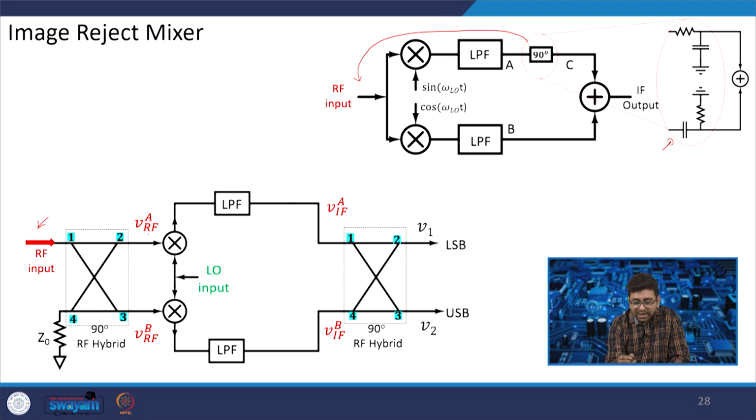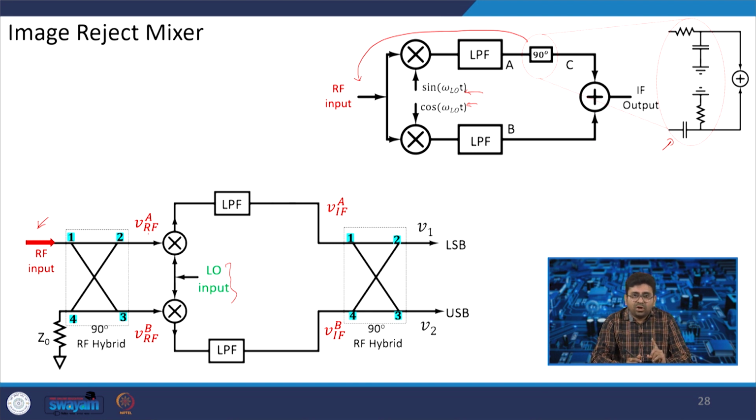So, what is the advantage in this? Here you were using sin omega LO and cos omega LO, that is, you were generating a quadrature LO signal. However, in this case you have a quadrature RF signal. So, the LO does not require a quadrature input; your RF itself is converted into quadrature.